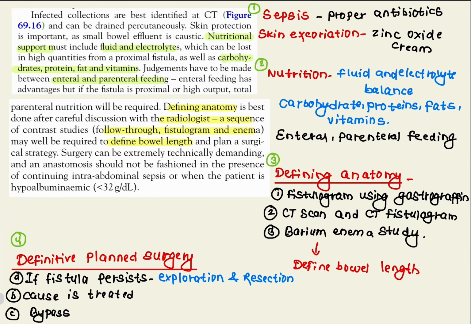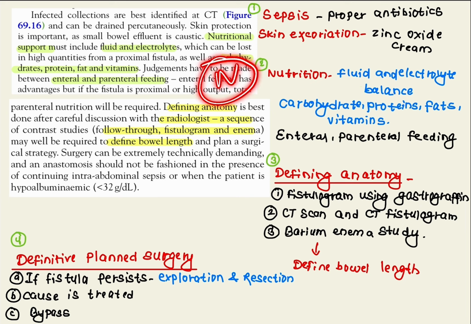For management of sepsis, first we see if there is a collection or not, and if there is, it needs to be drained under CT guidance, and after that proper antibiotics need to be given to the patient. Since the effluent is caustic, it excoriates the skin. For management of excoriation, we can apply zinc oxide cream.